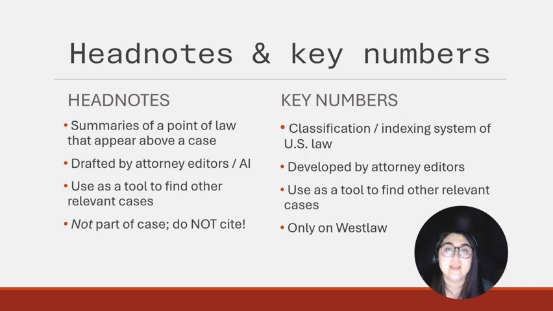But now we know that headnotes are basically summaries of a point of law and that they're useful when finding relevant cases, but we should not ever cite them. They are not a part of the original case opinion, and citing them will get you in trouble. So instead, just use them to jump to the part of the case you want to cite and to identify other relevant cases using their associated topics and key numbers.